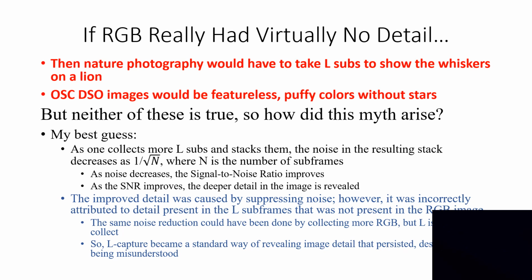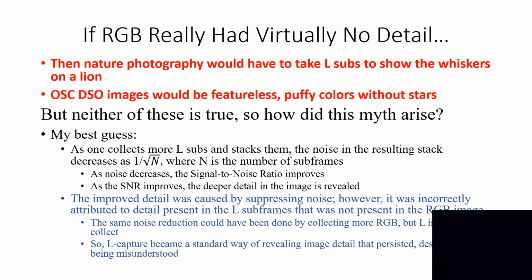As noise decreases in this stacked image, the signal-to-noise ratio obviously improves. Noise goes down, signal sticks up above the noise better. So as signal-to-noise improves, deeper detail is revealed in the image. It was already there. It's revealed by suppressing the noise.